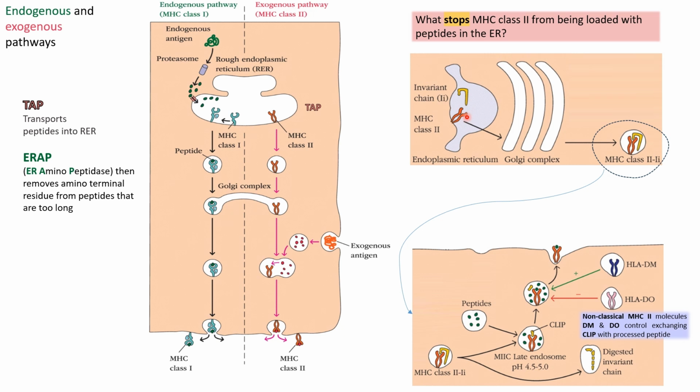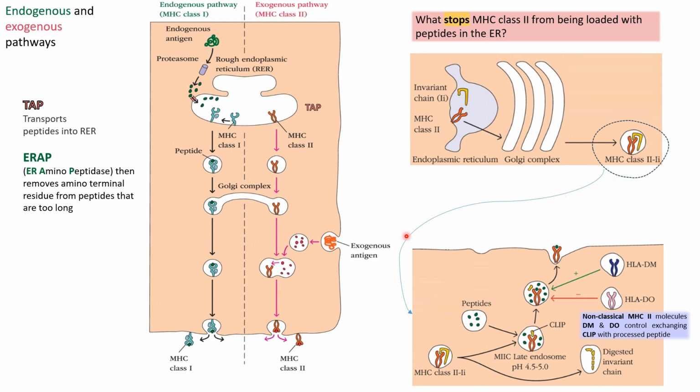It's closed. So the transport vesicle takes this to the Golgi apparatus and packages it as a secretory vesicle, and the MHC binding groove is closed by this invariant chain.